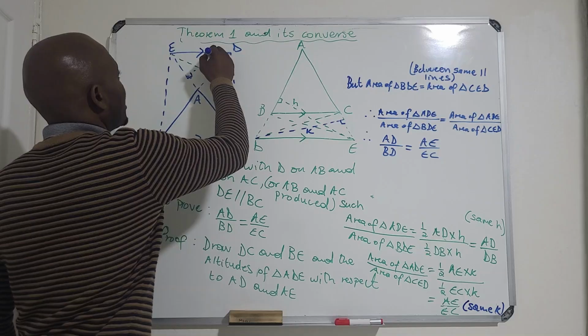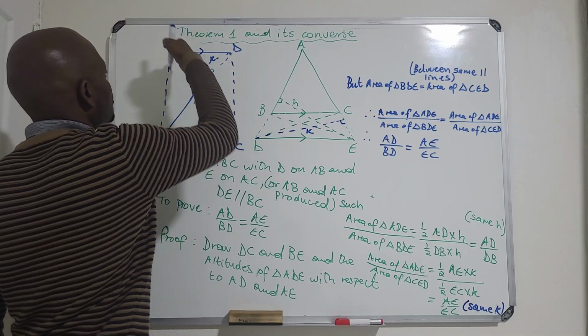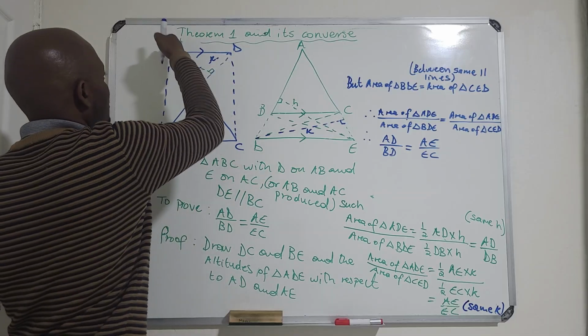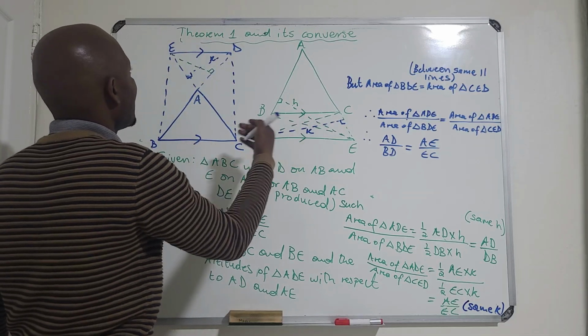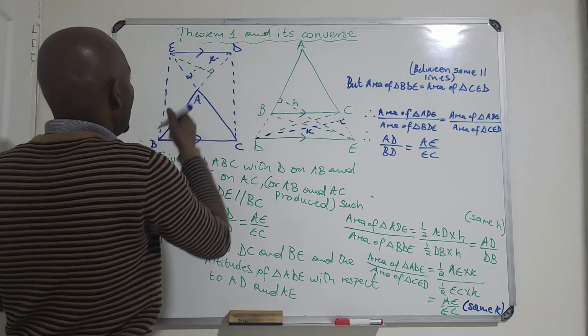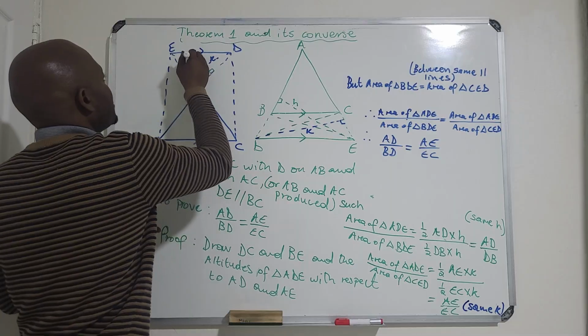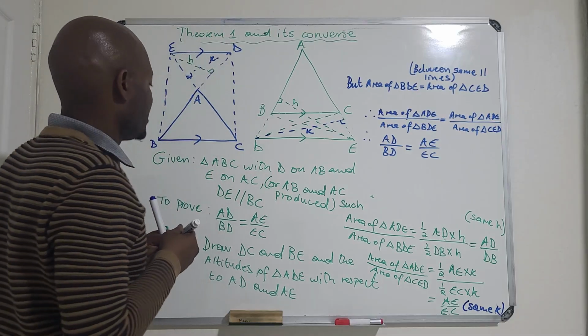Obviously, this is our K with respect to AE, our height with respect to AE, same as there. There's our height here with respect to AD.